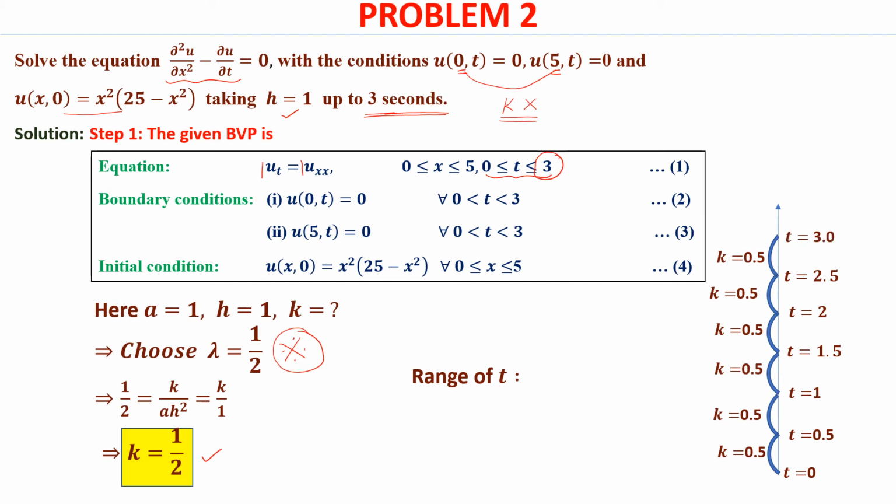So by taking k equal to 1 by 2, we arrived at it. All this was not necessary, because the upper limit was already given to you, the maximum time to which we have to calculate u is already mentioned, unlike in the previous problem. This is only for clarity that we have drawn this figure.